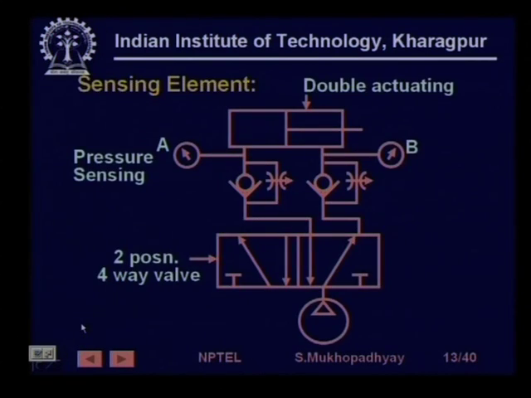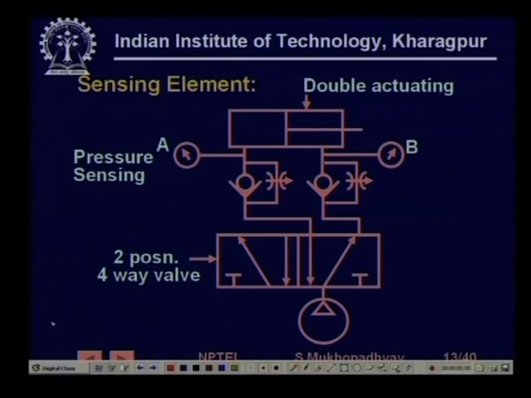Exactly that is shown. You are sensing pressure A and pressure B, and then you have to use an appropriate logic to drive this valve so that a certain amount of force is developed.